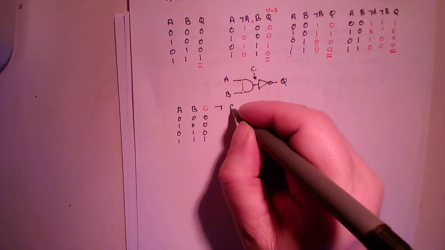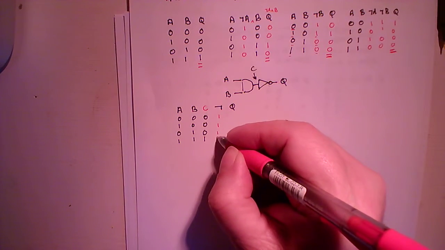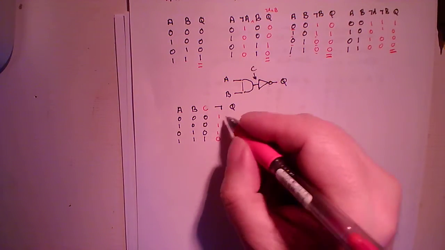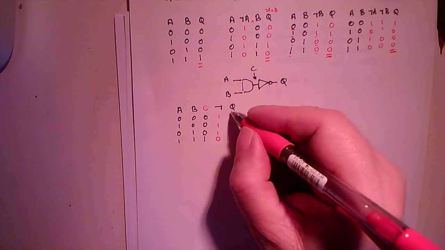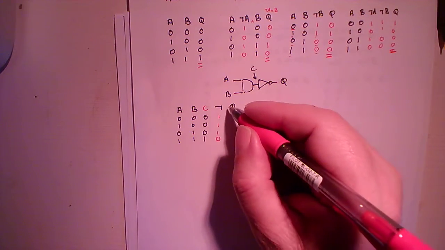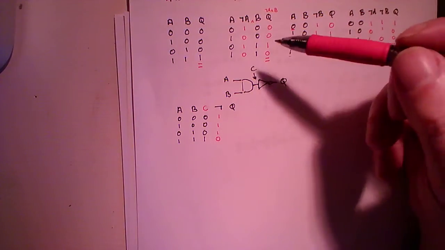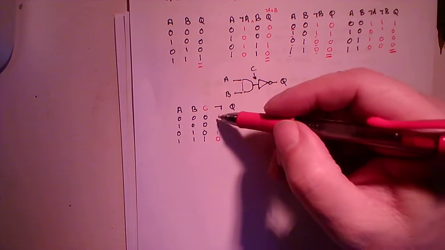So this is a bit trivial. If I NOT it, that's going to be 1, 1, 1, 0. And Q is just going to be the same thing as that. So if I NOT C, that is going to be my output. So that is the truth table for that.